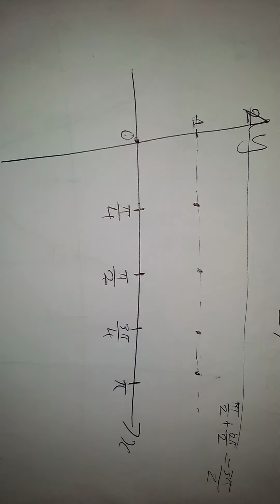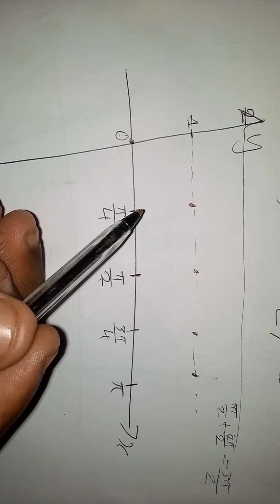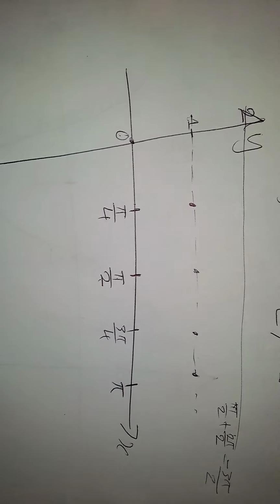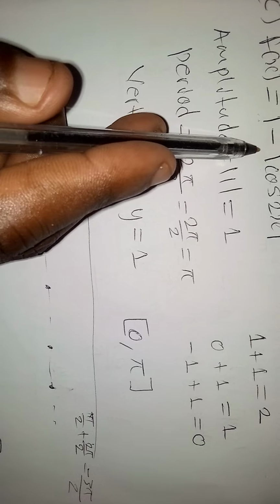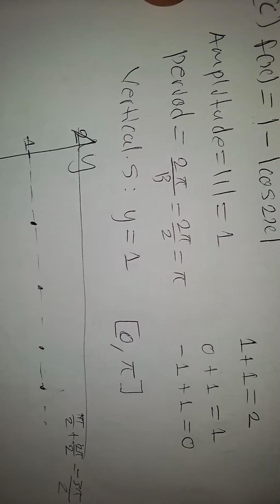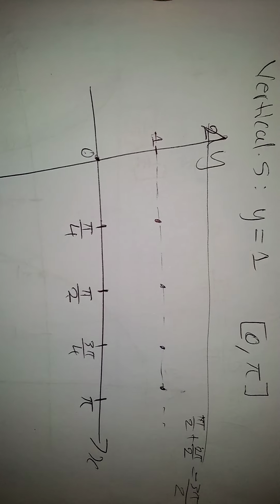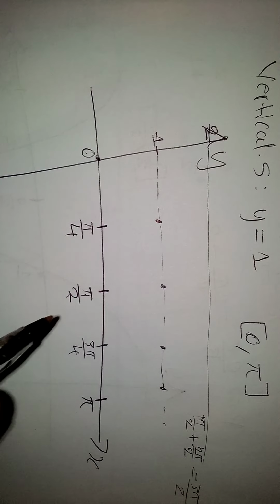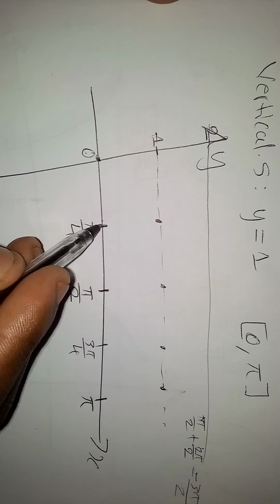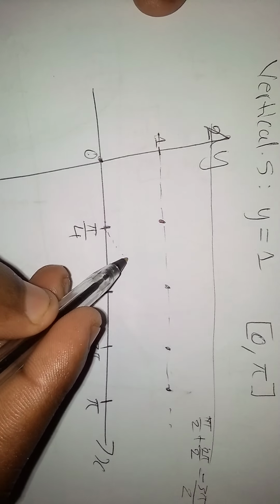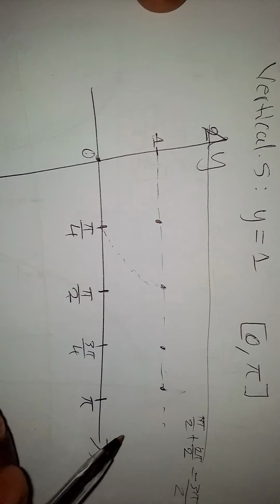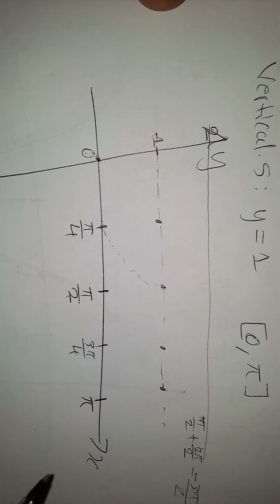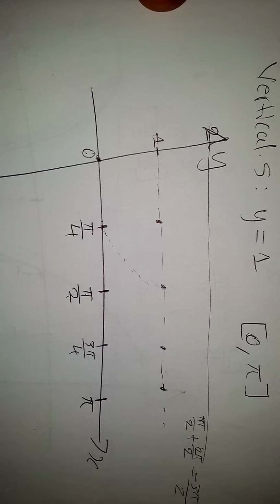Now, because we have the absolute value, there is no value of y that will be bigger than 1. Because of the negative coefficient of the trig ratio here, the function is starting from the negative side, so it is starting from here. It is supposed to move like this and pass through this point.